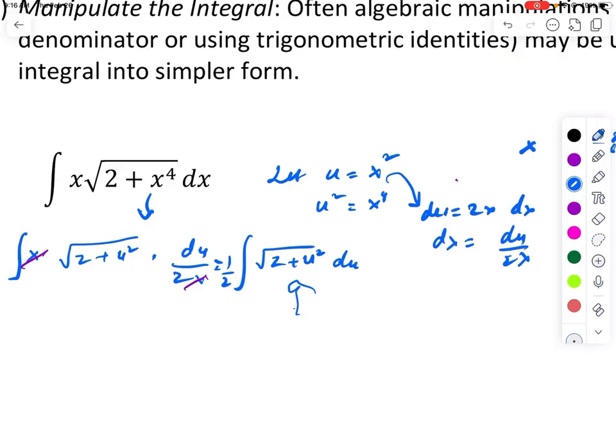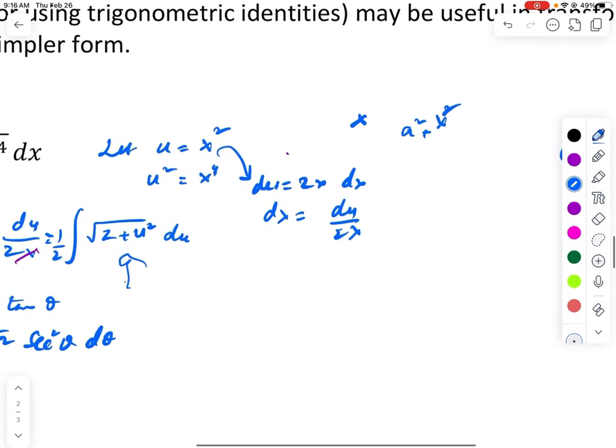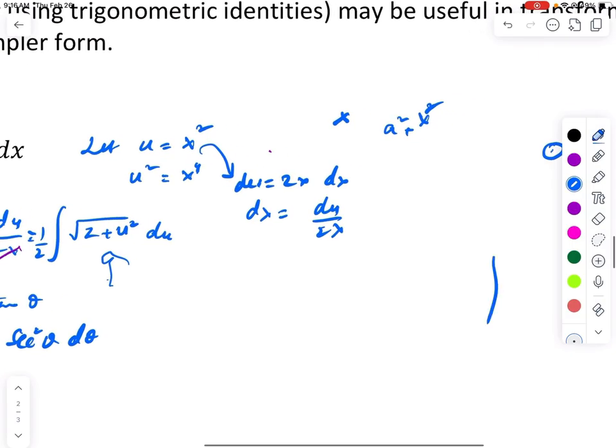So we now let u equal square root of 2 tangent theta, where a is square root of 2. So du is square root of 2 secant squared theta d theta. We will make our triangle here, which will come in handy later. We have theta somewhere, so we call this theta.